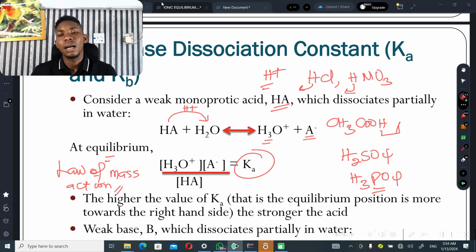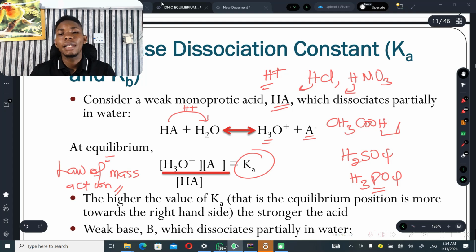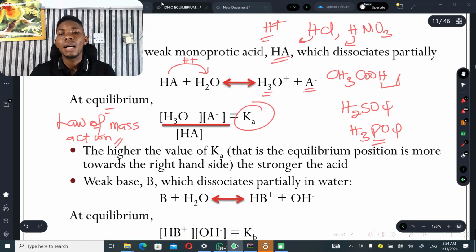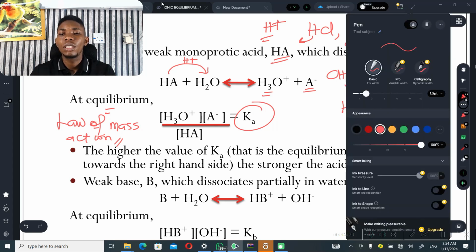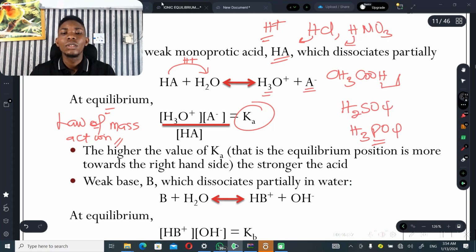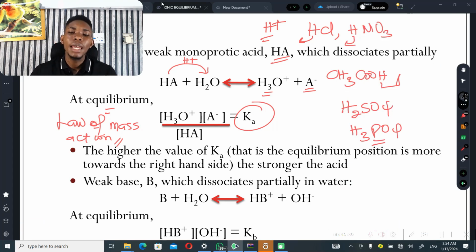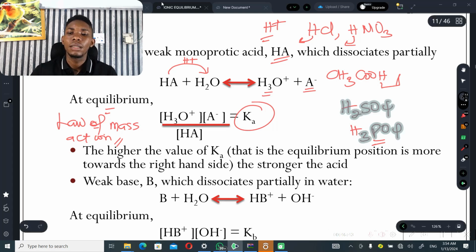So how do we achieve that? Your Ka, look at it. Let me put it here.